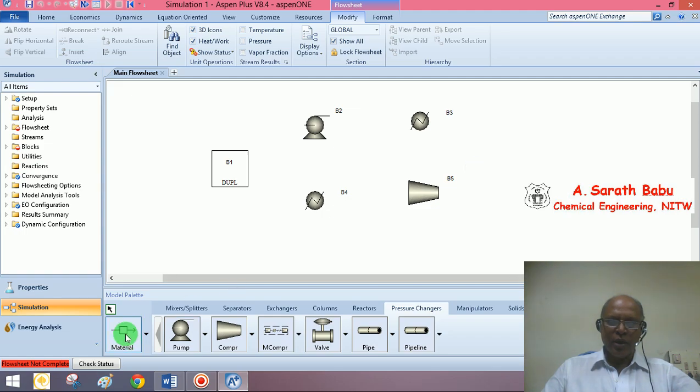Now let us connect the material streams. Now this is the ethyl benzene entering at the given conditions. Now this is, let us say, first option.